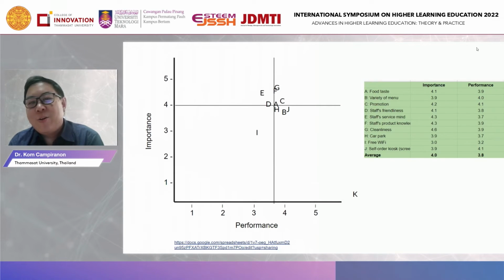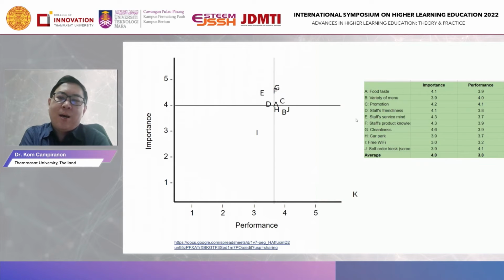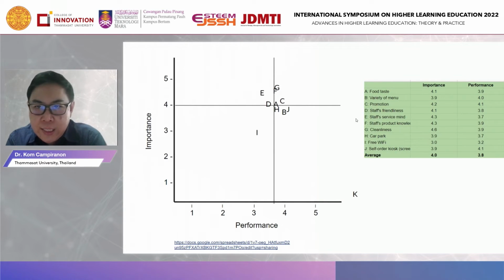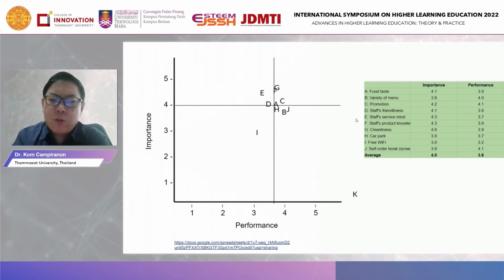So item E is the highest priority. Why? Because it has very high importance. Customers think the service mind of the staff is very important; that's what they expect.